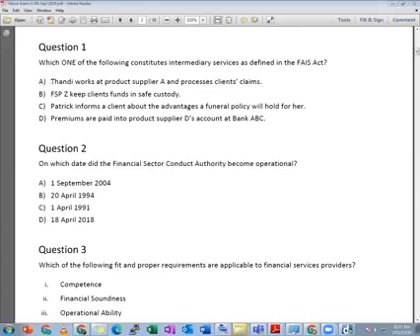Guys, Tandy works at product supplier A and they process claims for a client. There is simply going to be a transaction between product supplier A and the client. So the correct answer will be A, because Tandy assists the client with processing claims, which means Tandy is doing an intermediary service.